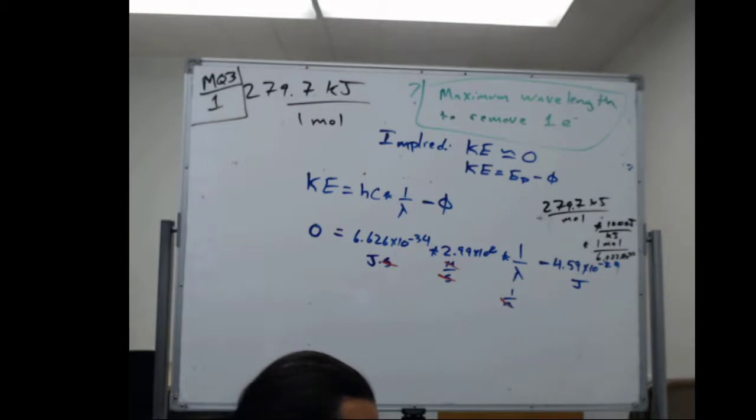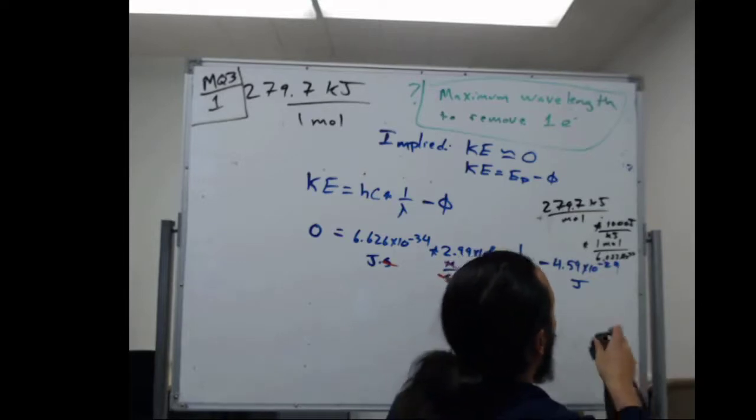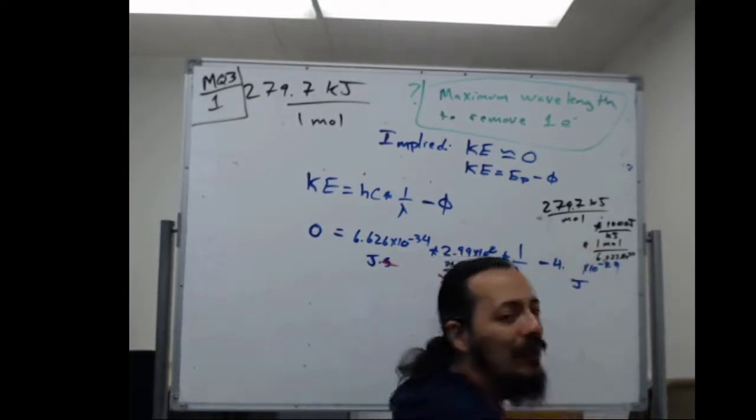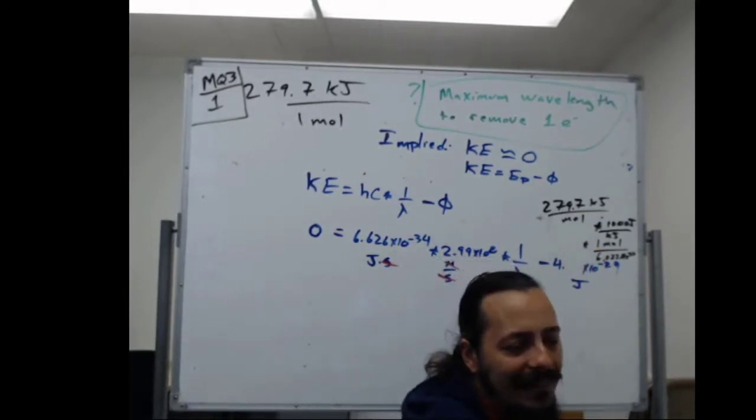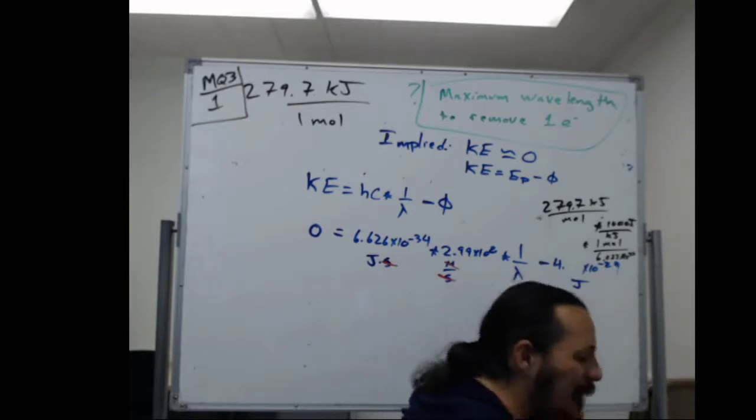Oh. Wait, what number did you get? 4.645 times 10 to the negative 19. You're right. I put 279.1 instead of 0.7. Just threw it off by a little bit.